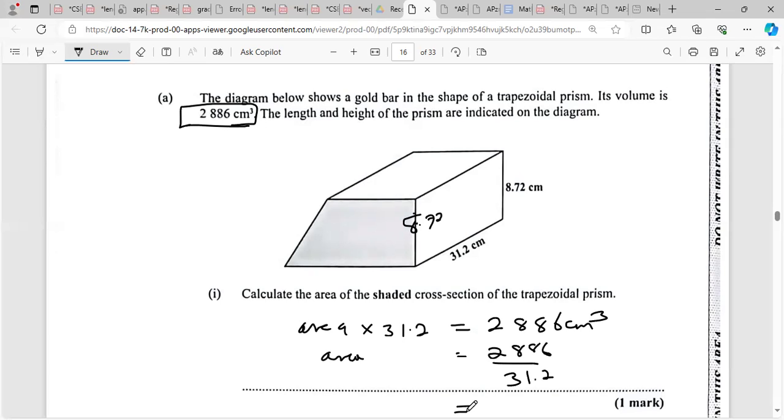So it's 2886 divided by 31.2. So that's our 92.5. I say, oh, it worked, 1 mark and I can't figure it out. But they didn't give us this side and this side. Alright, so that's cool.